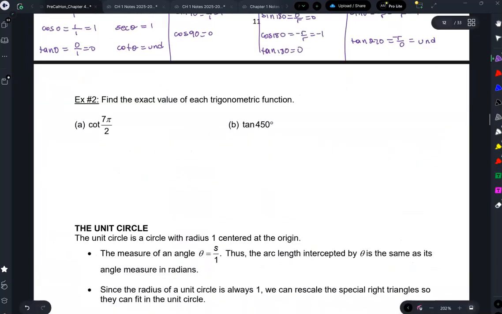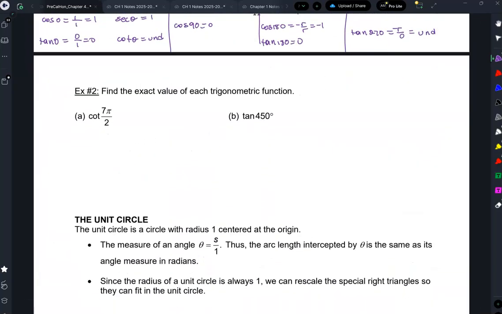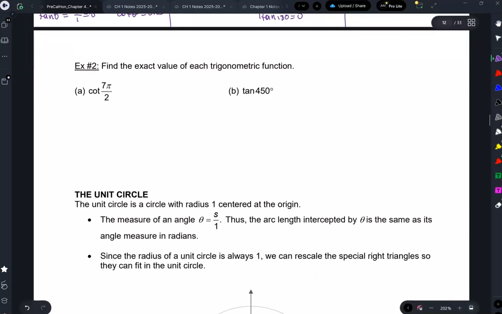Okay. So let's do this. Find the exact value. This is how you'll normally be asked this, right? Find the exact value of this. So we need to find cotangent of 7 pi over 2. 7 pi over 2, this is 7 over 2 pi, which is like 3.5 pi. So if I start here, 2 pi, 3 pi, and a half pi were here, right?